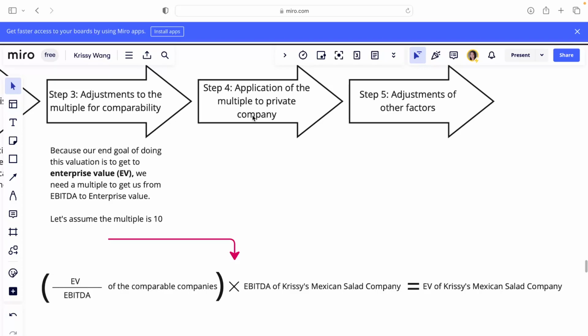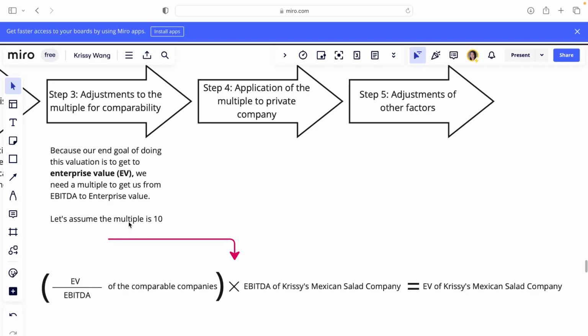But then again, at step 4, we actually need to adjust for the multiple, because no two companies are exactly the same. There must be some difference. And like I said, Chipotle is great. It has all the technology and brand recognition, and same thing with Sweetgreen, the other public company, as well as Taco Bell. Chrissy's Mexican salad company doesn't have those.